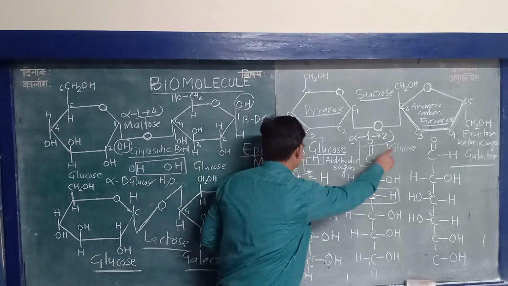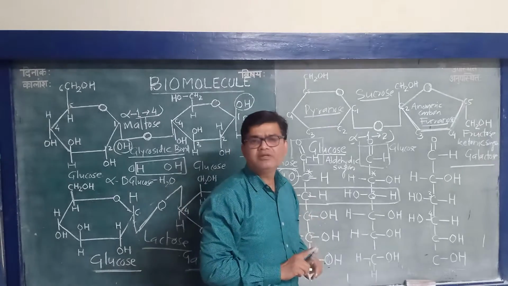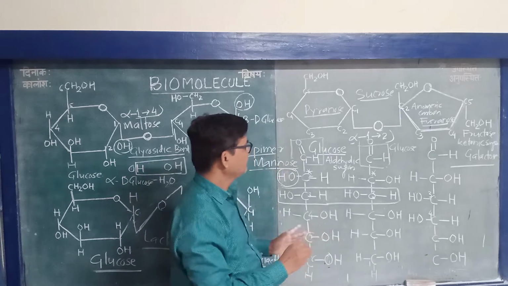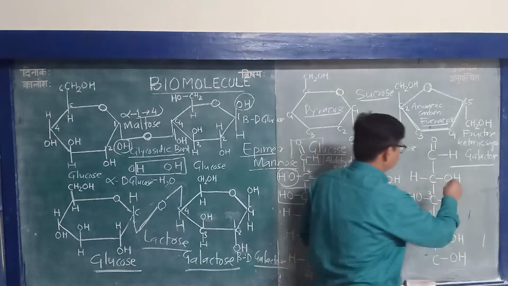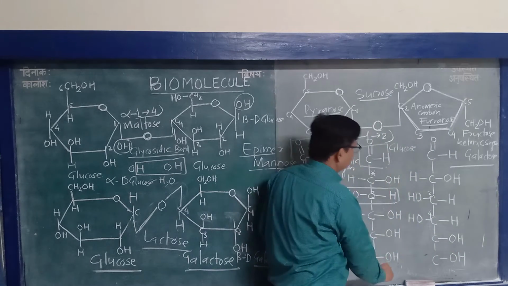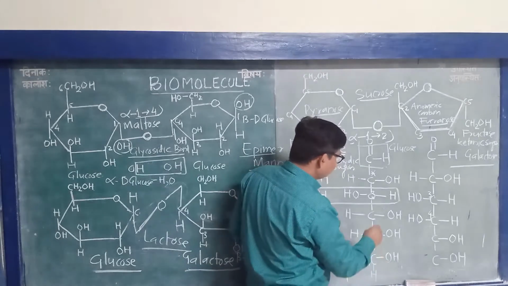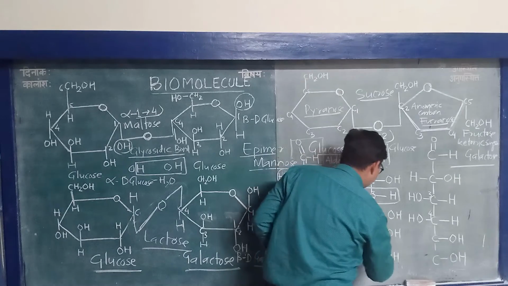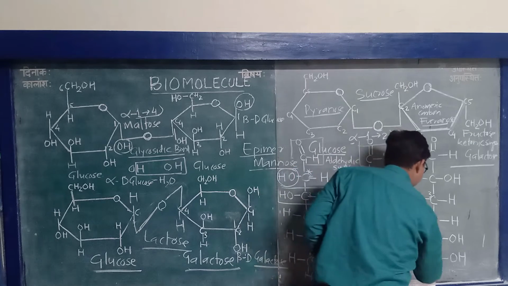So glucose and mannose are both epimers of each other. Next, if you compare this glucose with galactose, this is the chemical structure of galactose and this is the chemical structure of glucose in open chain. Then if you look at carbon number 4, what is the difference?